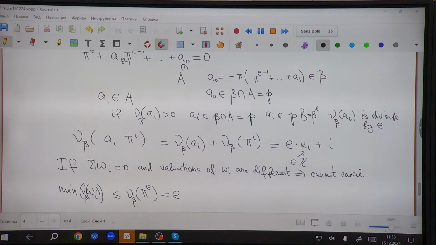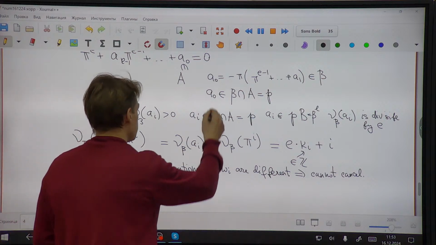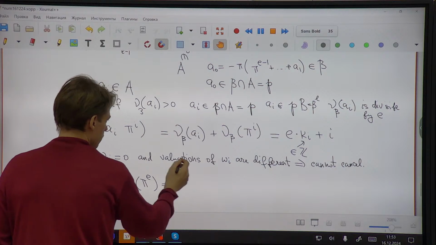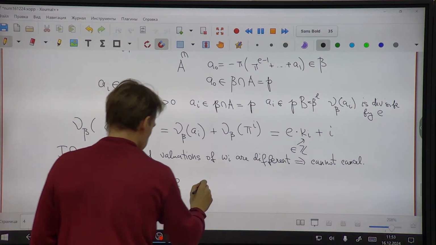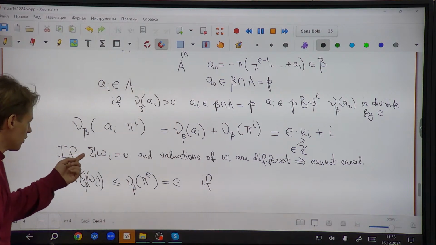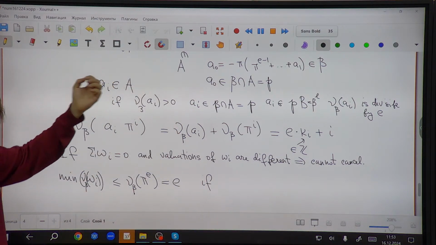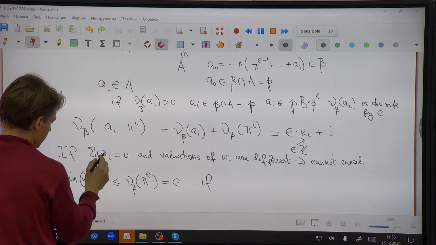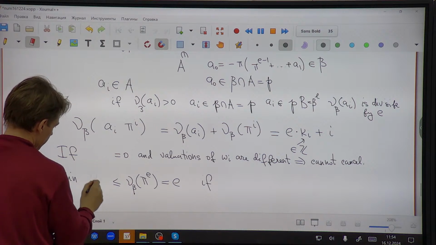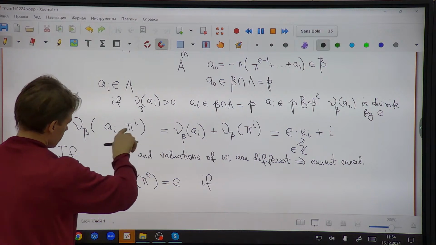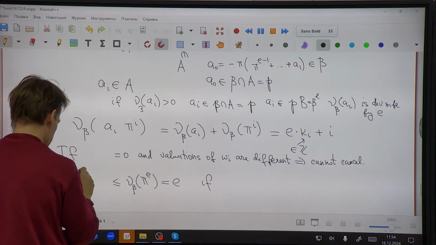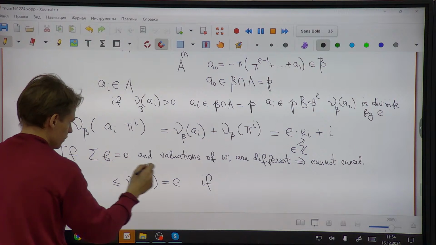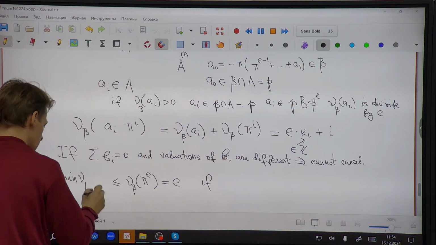This means that if this minimum is attained on this element, it is of the form of a sum of terms, let me call them b_i.